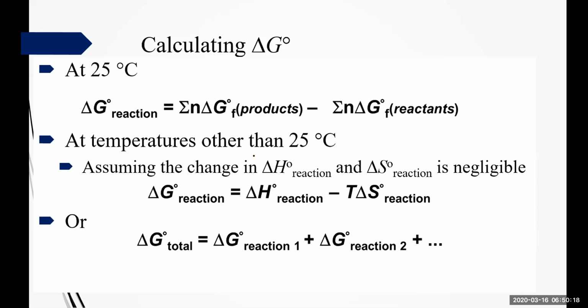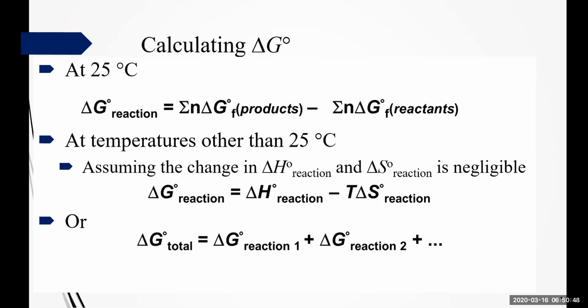At temperatures other than 25 degrees, we can also find that by using their delta H's, their enthalpies, and their entropies, as long as we use this reaction down here below: delta H reaction minus T delta S for that reaction. Or we can do it like Hess's law, where we can take that reaction and break it down into different parts, and with the different parts, we can determine the Gibbs free energy.